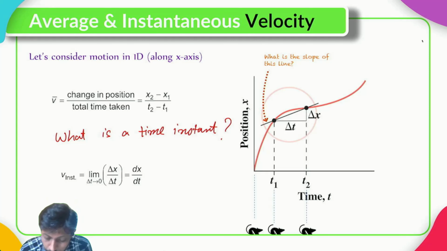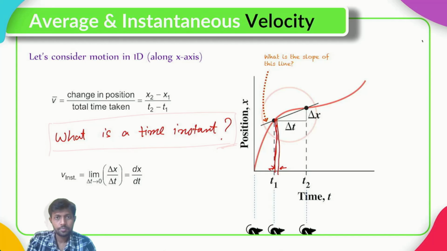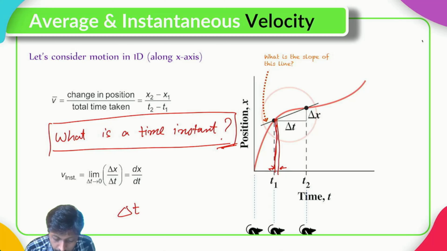So if I take this small time interval, it's almost saying that it is the time instant t1. So when delta t, or your time interval, tends to 0 or becomes very, very small, that is when you get a time instant. With that understanding, let's move from average velocity to instantaneous velocity.